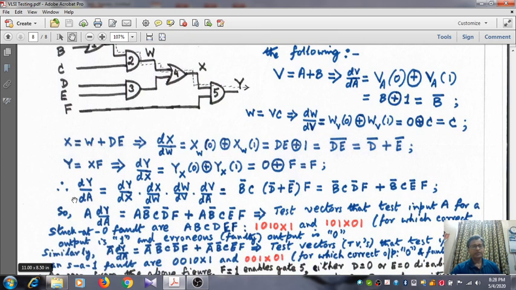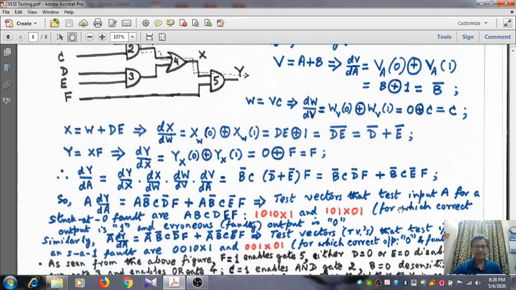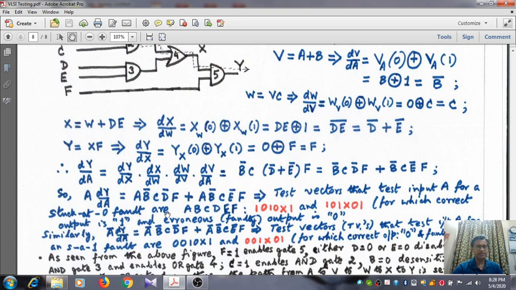So A ANDed with dY/dA gives the test vectors that test input A for a stuck-at-0 fault. Mind you, there are 6 primary inputs A, B, C, D, E, F, but here E is absent. So how do you write the test vector from this? It is 1 0 1 0, and in place of E we write X. So this corresponds to 2 different test vectors, 1 0 1 0 0 1 and 1 0 1 0 1 1.